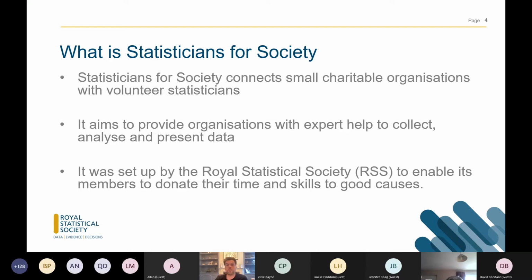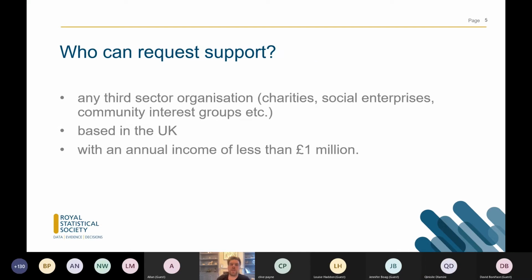So it's a consultancy-based service where we offer consultancy skills with our members at the RSS who are expert statisticians. It was set up by the RSS to enable its members to donate their time and skills to good causes, because members of the RSS said how much they wanted to do volunteer work and help out people. And this initiative has allowed us to help lots and lots of charities.